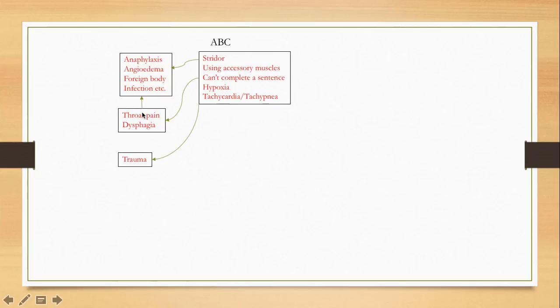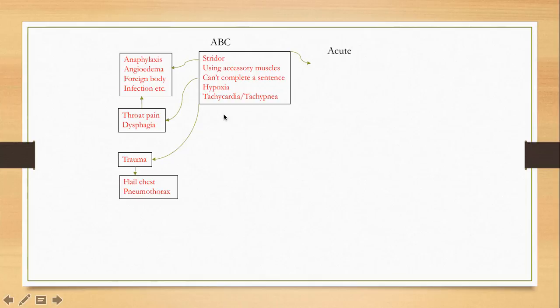If you have throat pain and dysphagia, then maybe there is an infection. If there is an obvious foreign body, then you know it. If there is swelling, then there is edema and anaphylaxis reaction. But if there is a history of trauma, then maybe it is a flail chest or pneumothorax. So that's how you identify these key features linking to the specific diagnosis.